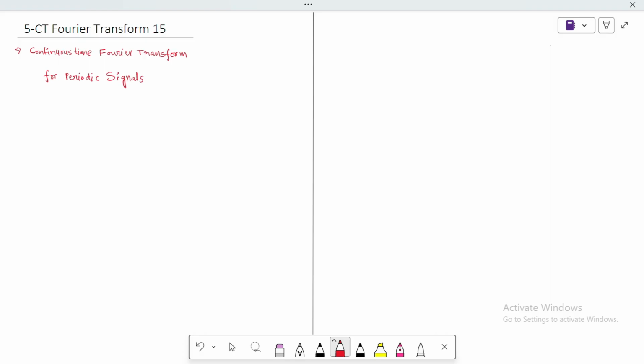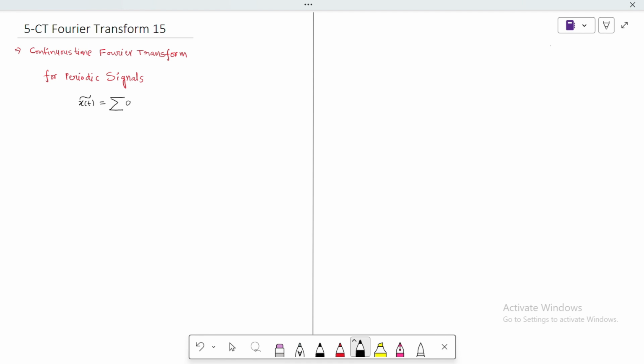This topic is also very, very important. In this case, I would like to take a periodic signal in continuous time. For example, x of t is a periodic signal.